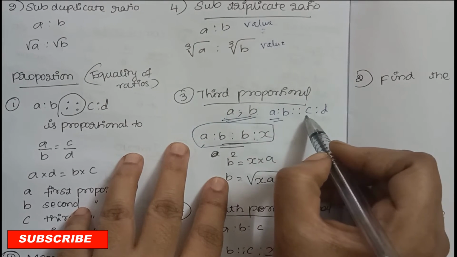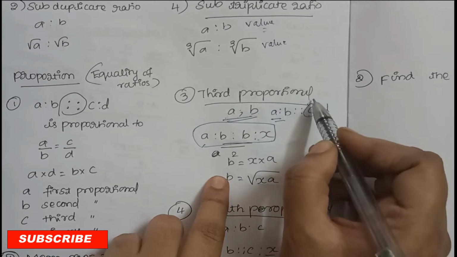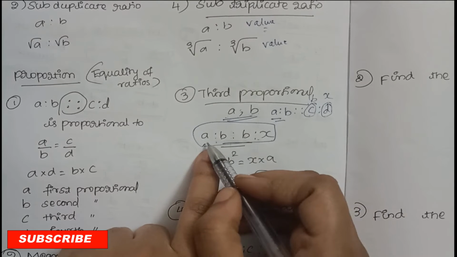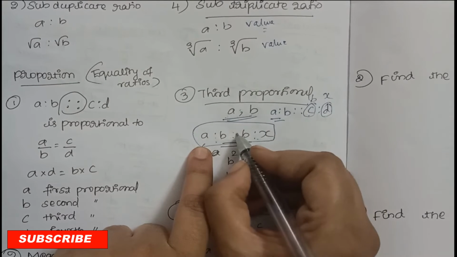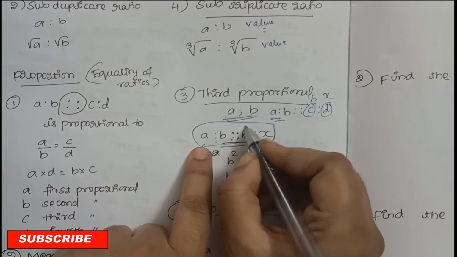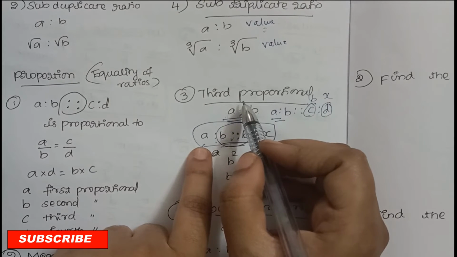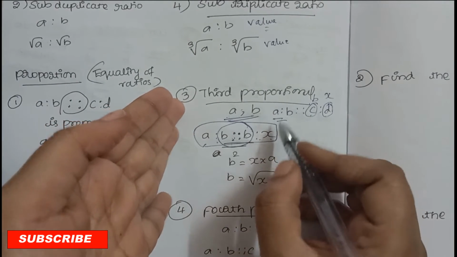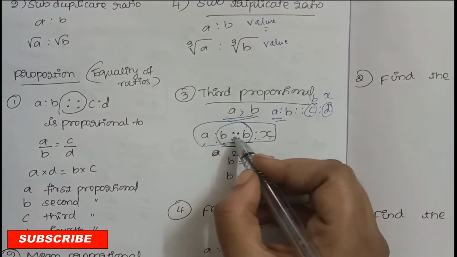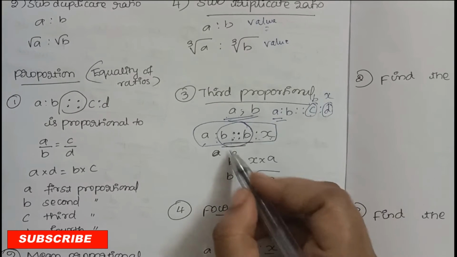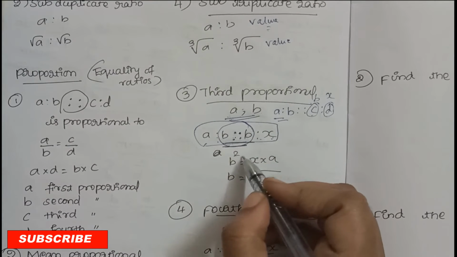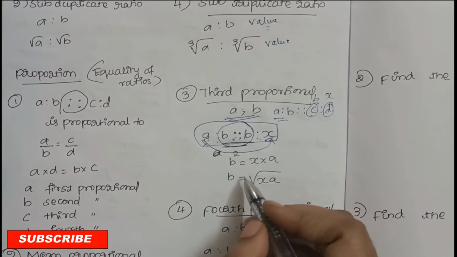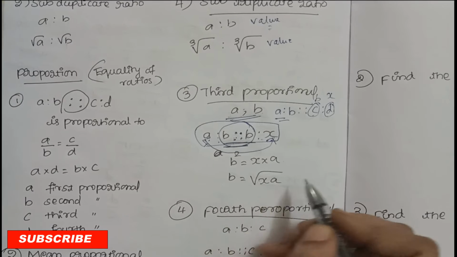So the third thing C can be taken as B and D can be taken as X. So the equation becomes A is to B is proportional to B is to X. What we have to find is taken as X. So here the third proportional is taken as X. Multiply the central things, B into B. B squared is equal to multiply the extremes, A into X. So X is equal to B squared divided by A.